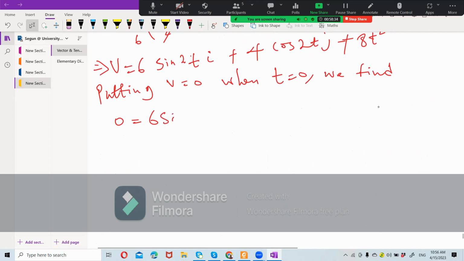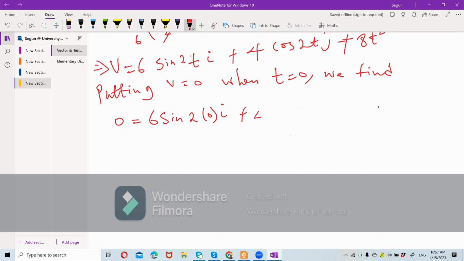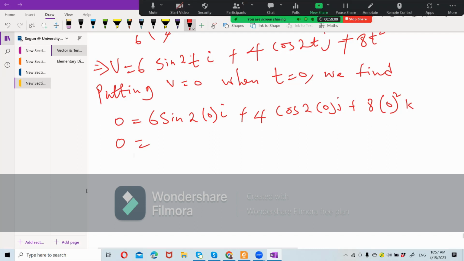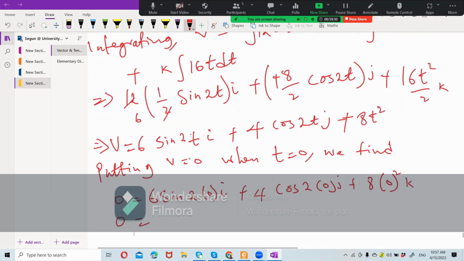You're welcome, sir. Sine 2t i plus 4 cos 2t j plus 8t squared k. So you have v equals to... so when you integrate this one, plus C1, put it there.